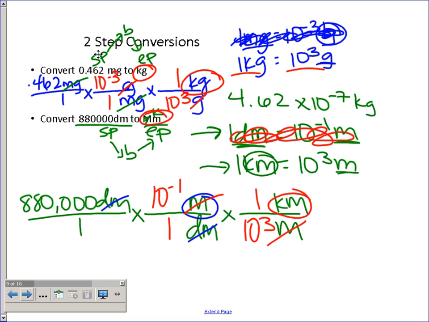Multiply across the top. Divide by the bottom. So 880,000 times 10 raised to the negative first times 1 divided by 1 divided by 1 divided by 10 raised to the third gives me a value of 88 kilometers.